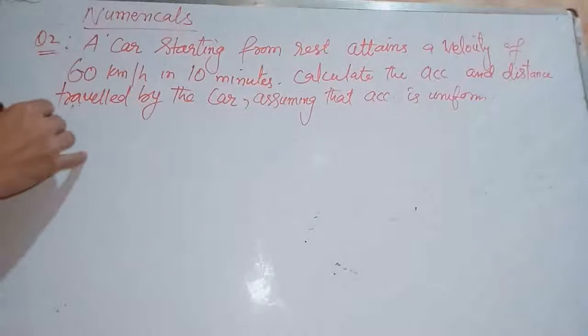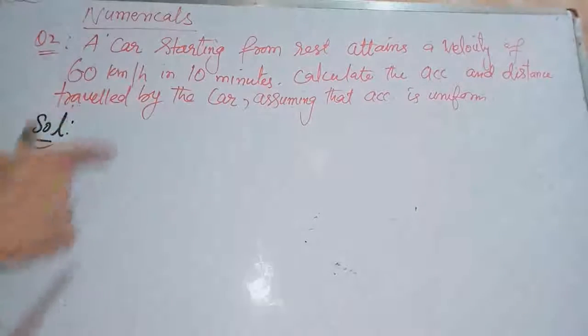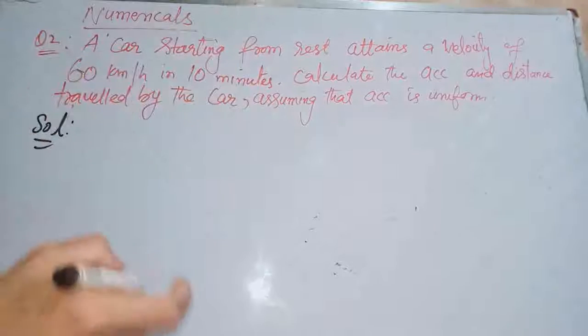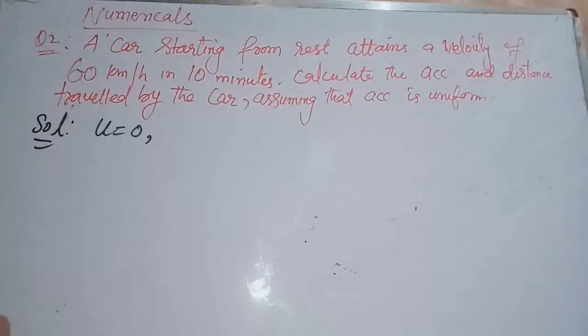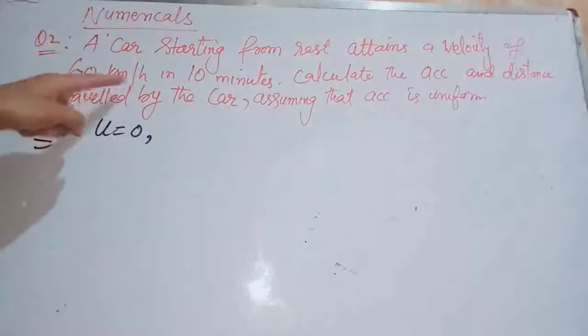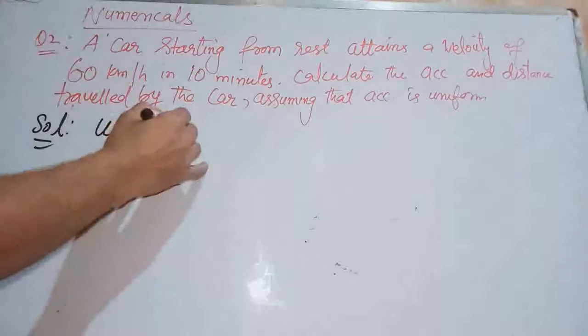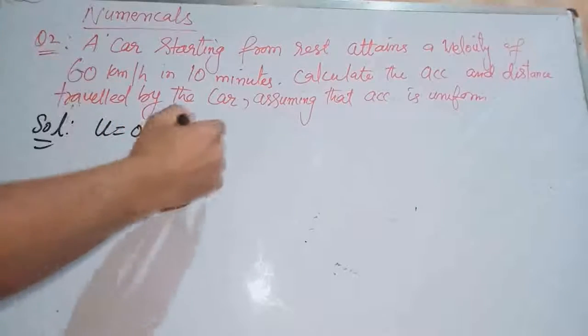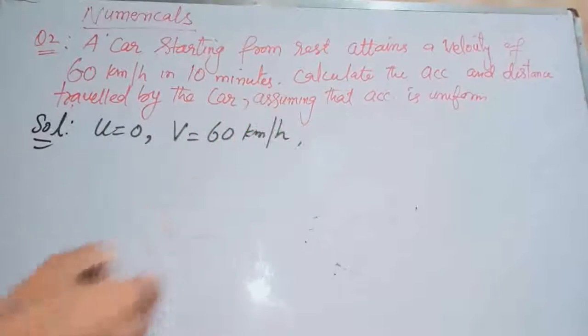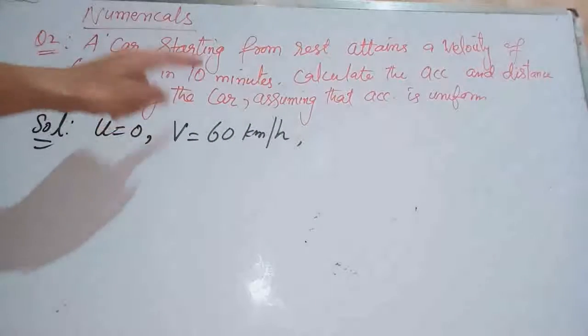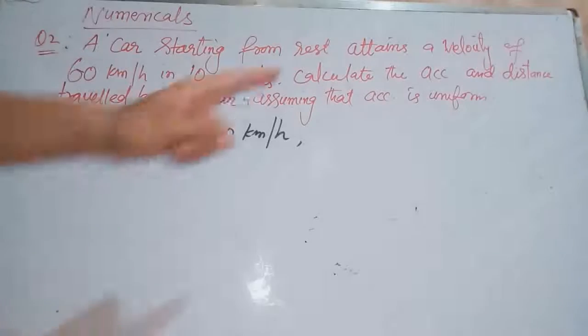We can write in solution: a car starting from rest. This means that u is equal to 0. Initial velocity is 0 because car is starting from rest. Attains a velocity of 60 km per hour. This means that our final velocity is 60 km per hour. And in 10 minutes attains the velocity of 60 km.